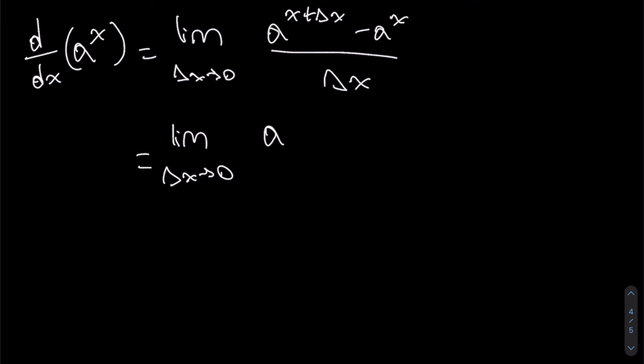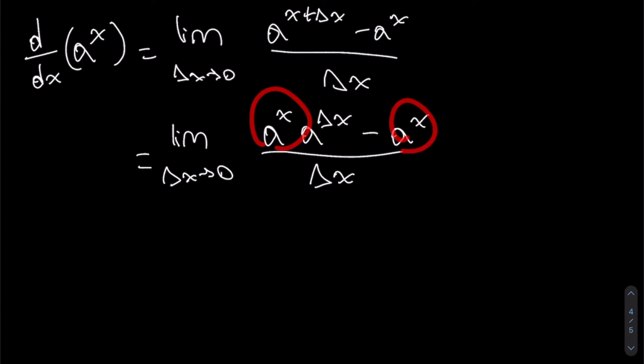So that a to the x plus delta x equals a to the x times a to the delta x, if you just remember how exponents work. And of course I can factor out an a to the x, and this a to the x doesn't depend on delta x, so it'll also factor right outside of the limit.